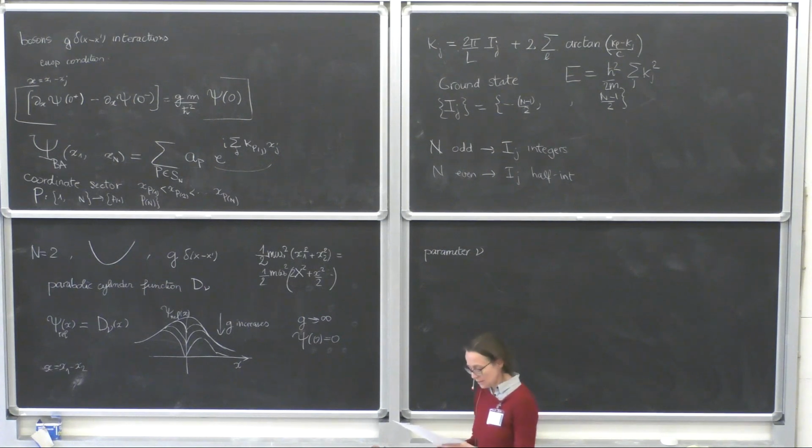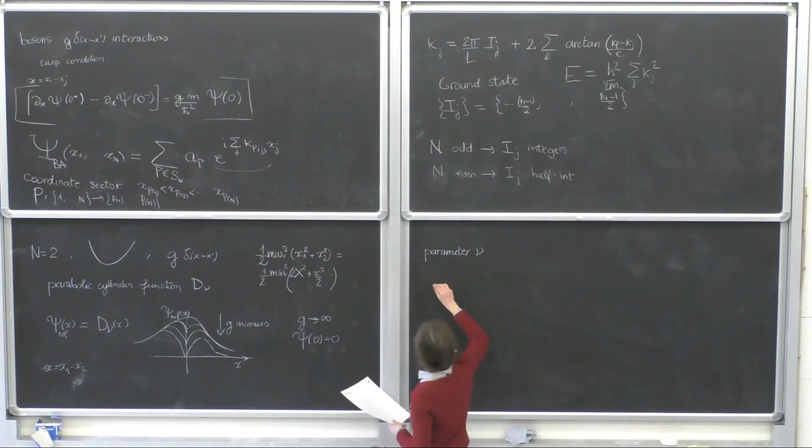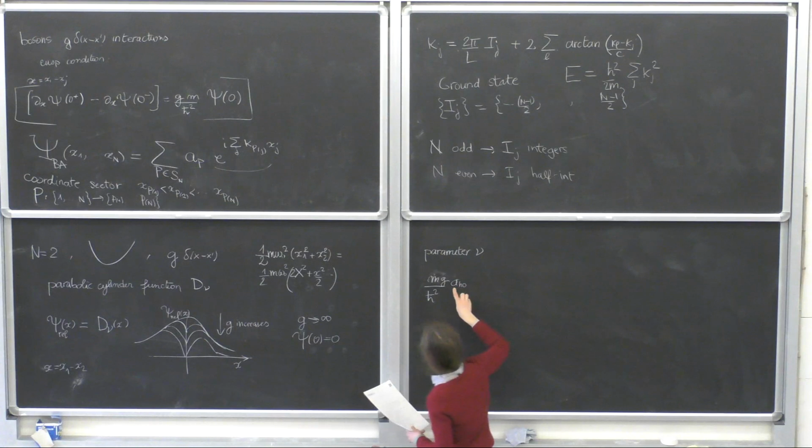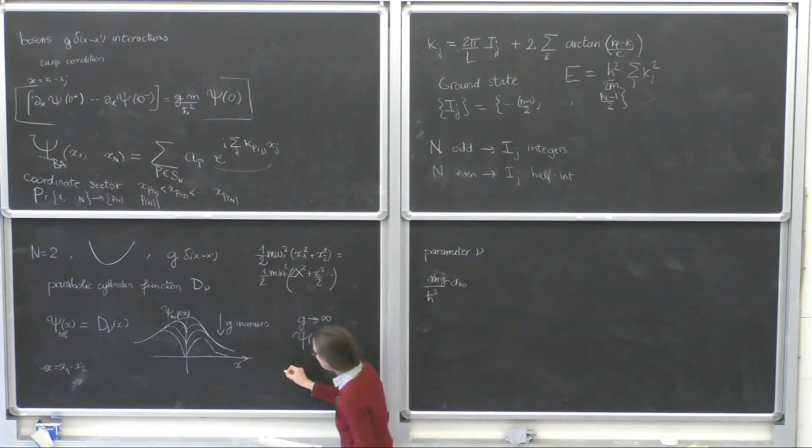Maybe I can show you this afternoon if you're interested, which is like that. Sorry, the alpha is m g over h bar squared, and the harmonic oscillator length. You remember the harmonic oscillator length is the square root of h bar over m omega 0.